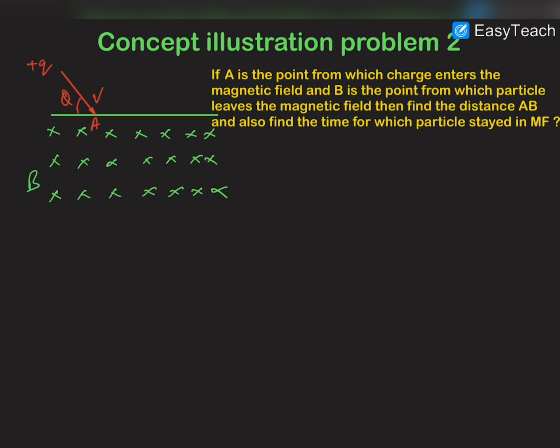So first of all, if you apply Fleming's left hand rule, then you would see that force would be like that and its motion would be circular. So this would be the circle.